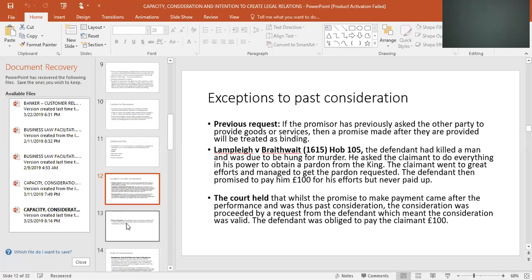Now, a man murdered somebody, and because of that, they caught him, and he was due for hanging. Then he was able to convince his friend, who happens to be the claimant or the plaintiff in this case, to ask for the king's pardon.